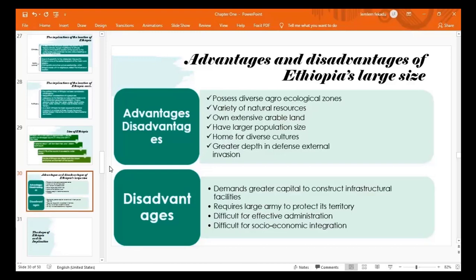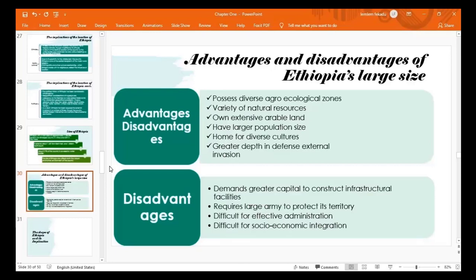Ethiopia possesses diverse agroecological zones. There are many agroecological zones. Another one is a variety of natural resources. The larger size also has an advantage in depth of defense in the situation of external invasion.